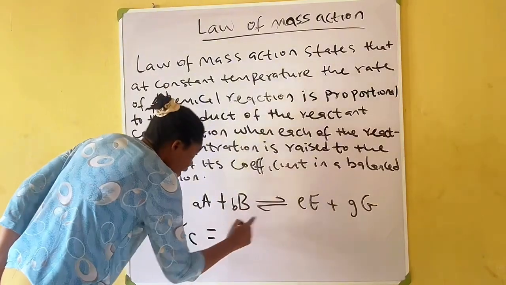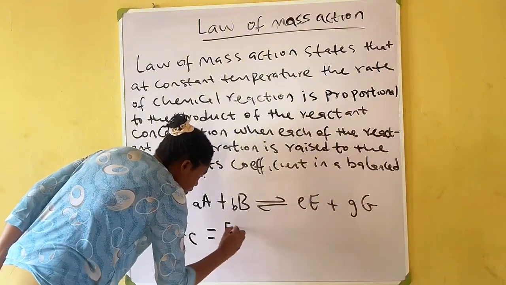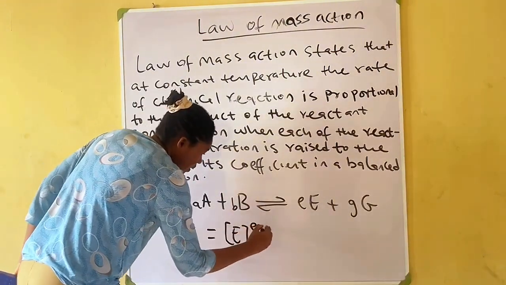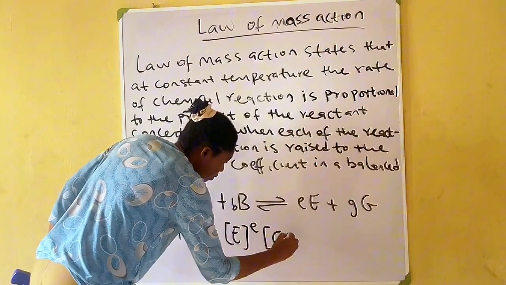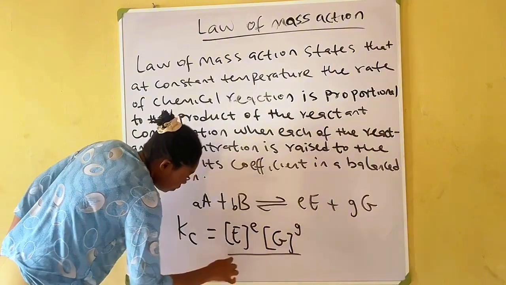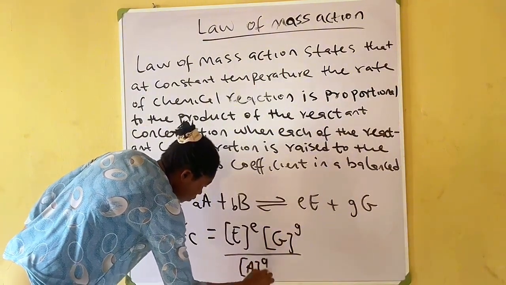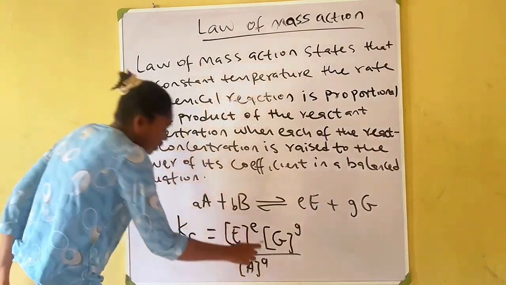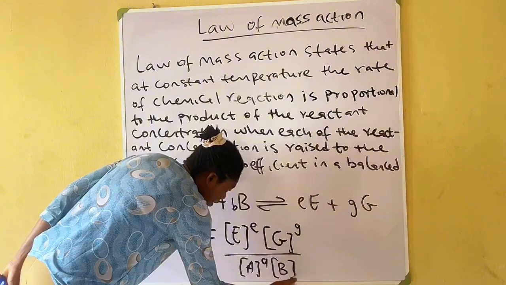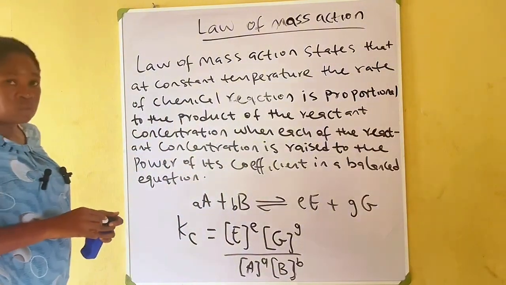It is the concentration of the products, E raised to the power of its coefficient e, times G raised to the power of its coefficient g, divided by the concentration of A, the reactant, raised to the power of its coefficient a, times the concentration of B, raised to the power of its coefficient b.